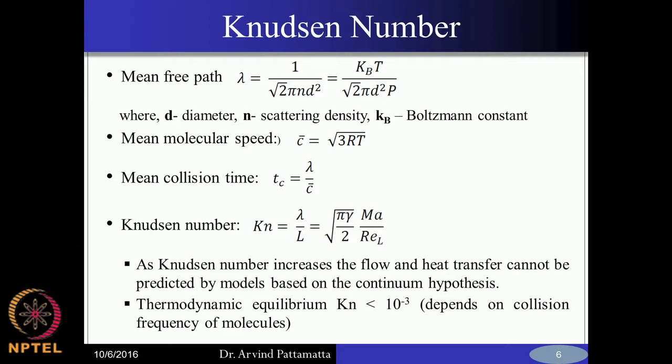Depending on the characteristic speed, if you are talking about the mean molecular speed, this is given by square root of 3RT, and you can define the Knudsen number in terms of the Mach number and Reynolds number. When solving a problem with non-dimensional groups, you can use this expression rather than writing it in terms of dimensional quantities such as pressure and temperature.